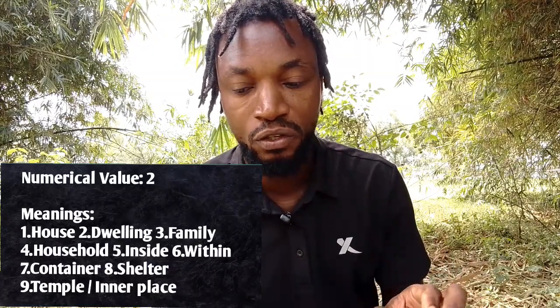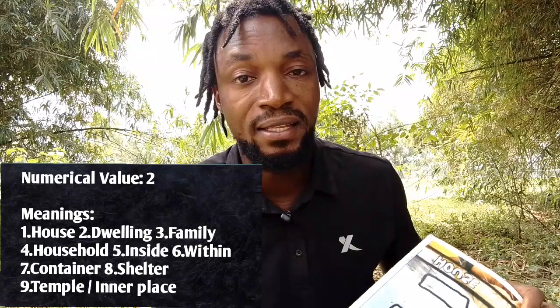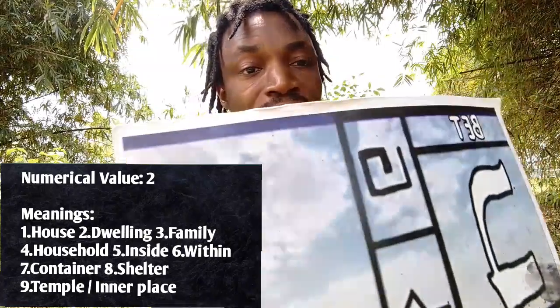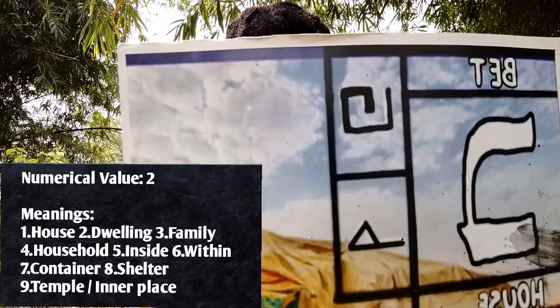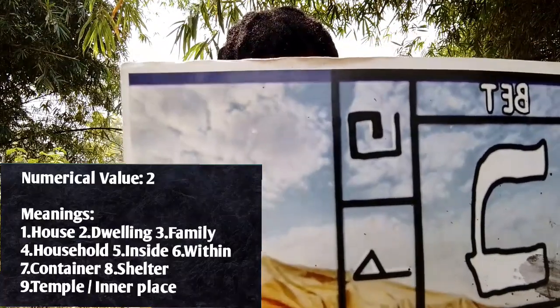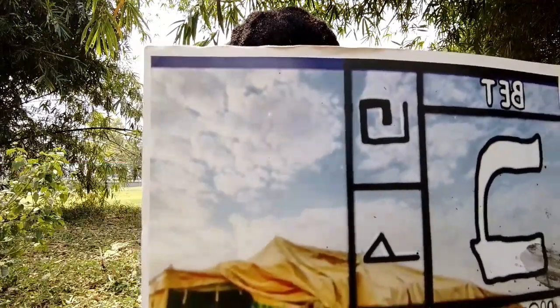You get my point? What that means is that each letter carries a meaning tied to real life. So just like this letter, this is a letter, a picture of a house. You see, it's tied to a real life event. This letter here is tied to a real life event.